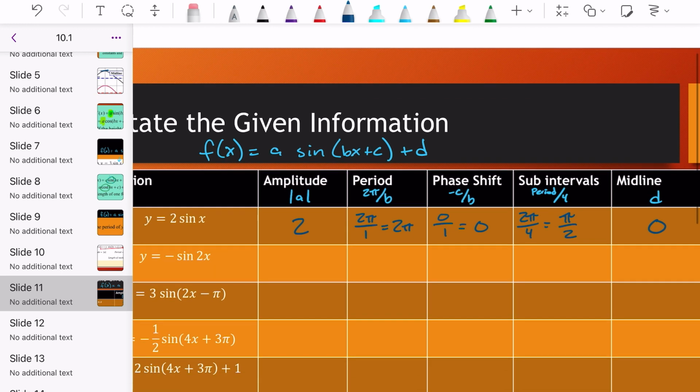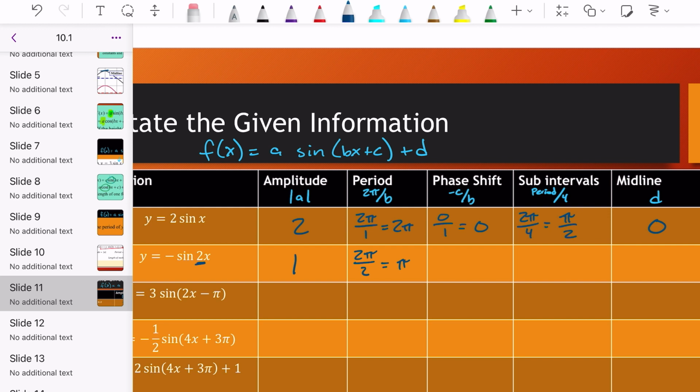Let's go ahead on to our next equation. Here, absolute value of negative 1 is 1. We have 2 pi over 2. Notice that 2 is coming from the 2 in front of the x, which is leaving us with a period of pi.